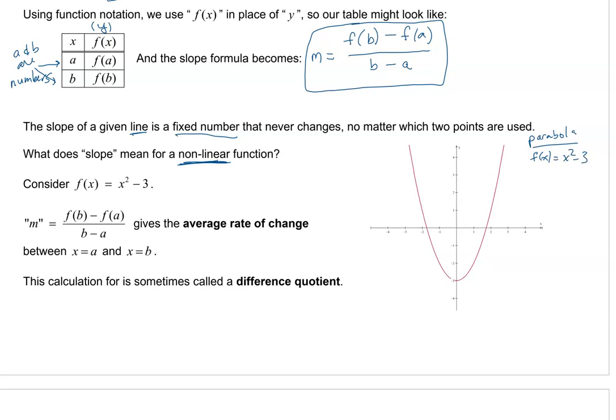Okay. If we choose any 2 points on this parabola, I'm going to arbitrarily choose a point down below and a point on the left and a point up above the x-axis on the right.